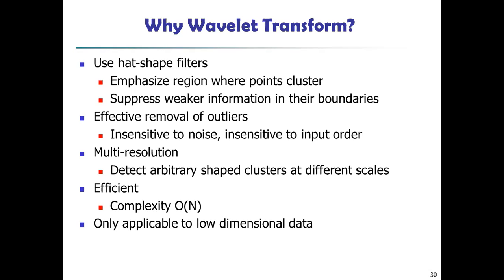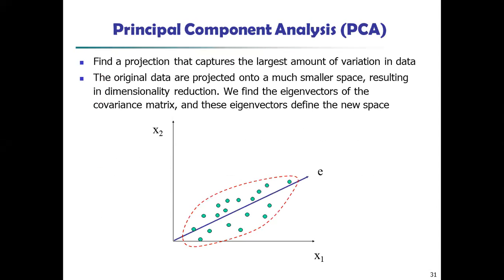But when applying the wavelet transform, the time complexity is only order n, so it takes less time compared to other sorting techniques. So the wavelet transform is very powerful compared to other techniques. It is applicable only to low dimensional data. This is the first method to complete.